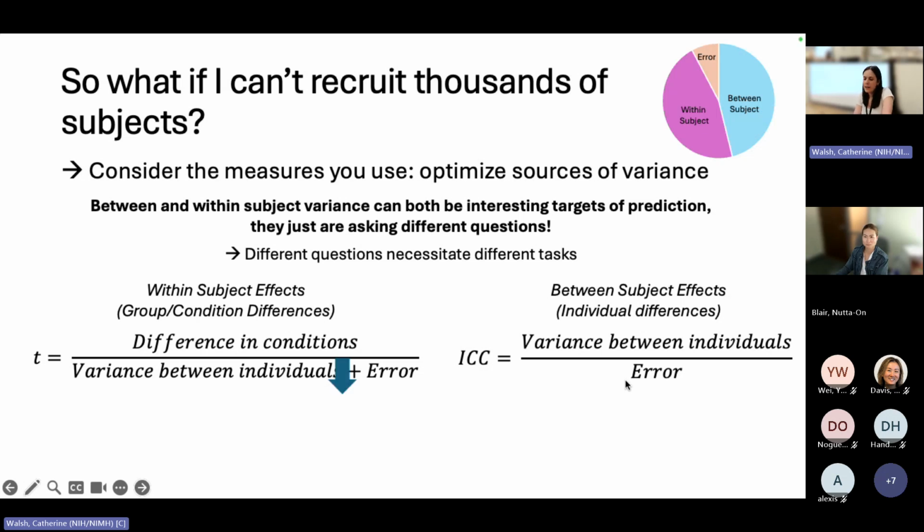So say we take a task where we're trying to minimize the variance between individuals because we want to try to maximize the difference in conditions. We then get a bigger t-value. Life is good. We get our statistically significant result. We publish our paper. Great. But if we have a task that's geared to do that, we reduce the variance between individuals, and we're actually going to also reduce the thing that we care about for individual differences.